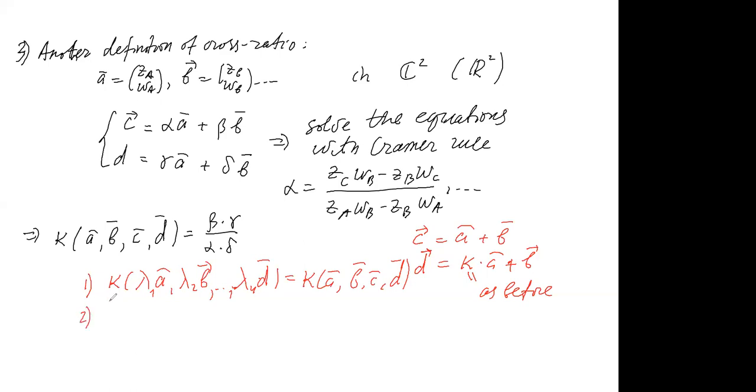Then the property of being invariant with respect to projective transformations means that K, when you multiply every vector by the same invertible matrix G, is equal to K of A, B, C, D. So this is the way to say that this is projective invariant in terms of vector space.